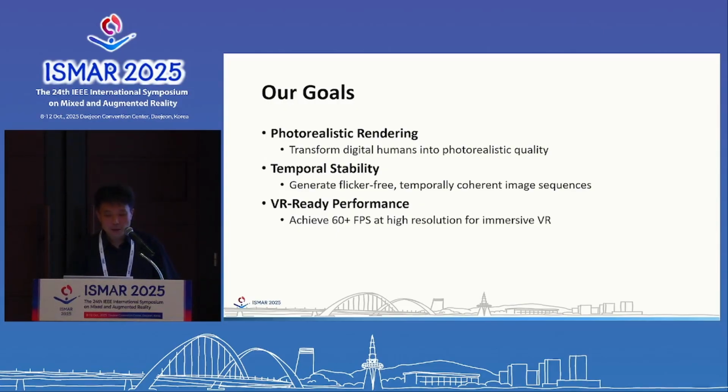Third, achieve all of this at VR-ready performance, more than 60 FPS at high resolution. VR demands both visual quality and speed. There's no room for compromise. These three goals might seem mutually exclusive, but let me show you how we achieve all of them.